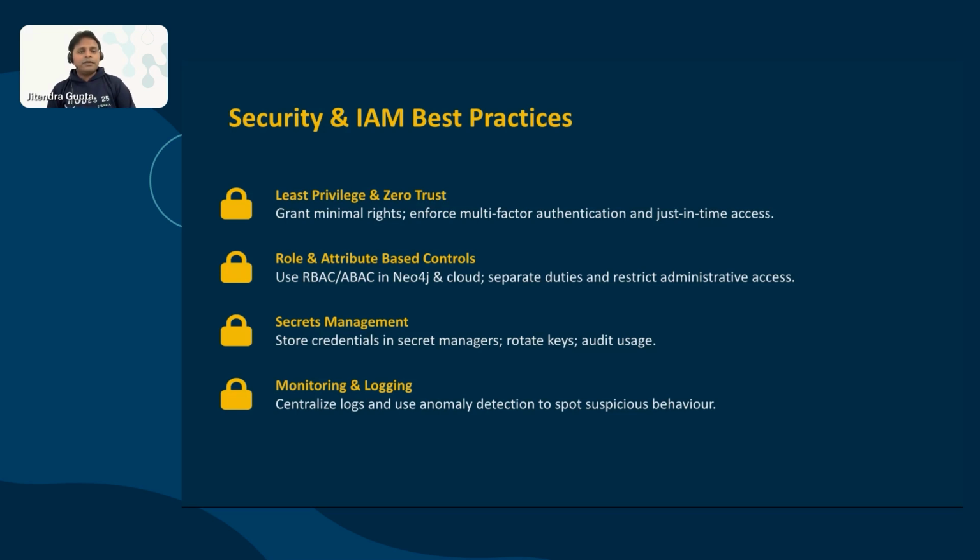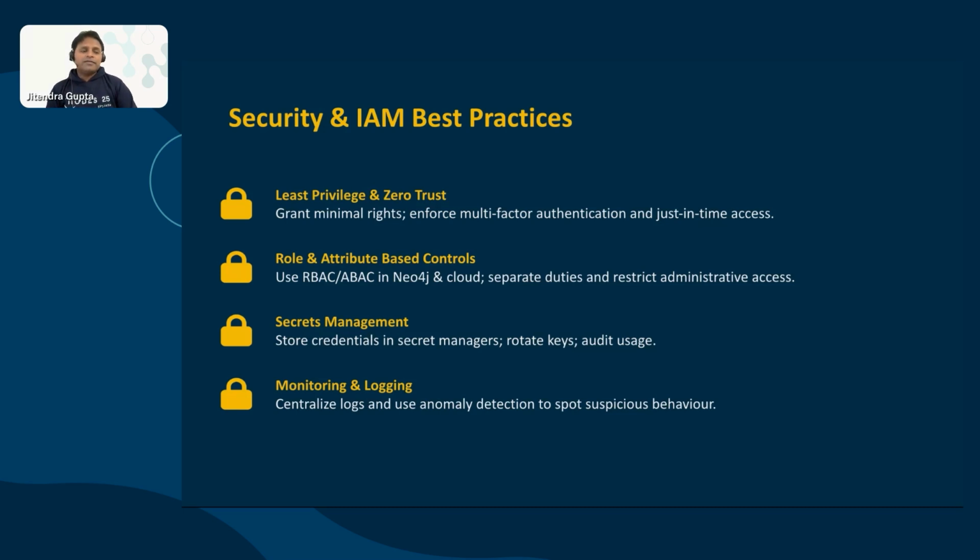Certainly, there should be a practice of following RBAC and ABAC in Neo4j, and not only Neo4j but also for the cloud, which helps you separate the duties and restrict any of the administrative accesses.